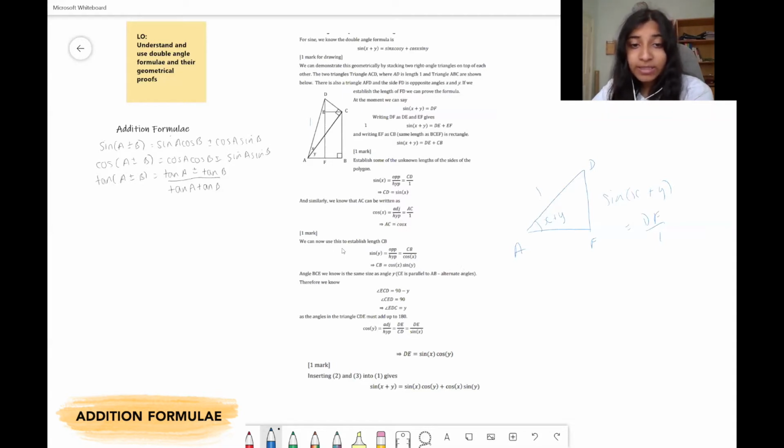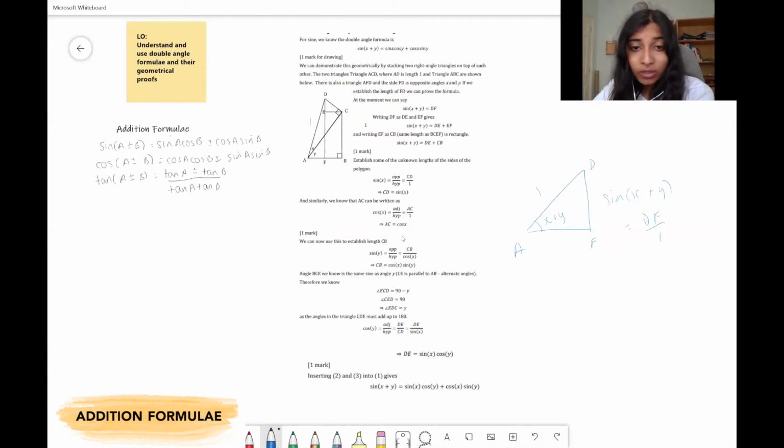So we can use this to establish the length CB here. Now we want to use the triangle ABC. We know that sine y is equal to the opposite, which is CB, over the hypotenuse, which is AC.